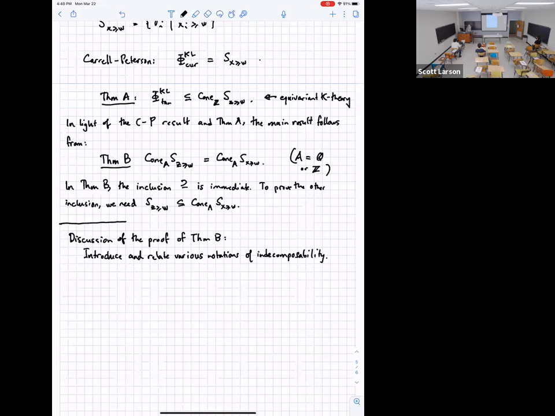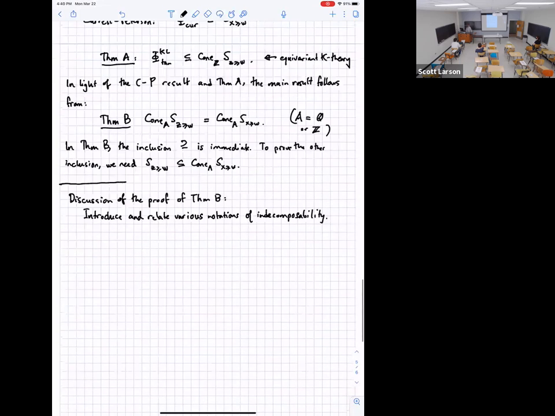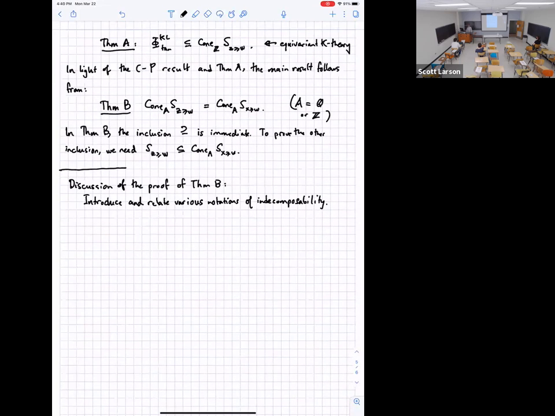You might ask why indecomposability, but if you're talking about a cone, the cone is spanned by its indecomposable elements. So we're going to look at these and prove some results about indecomposable elements. The two notions I want to talk about are the notion of an increasing decomposition and an isodecomposition.